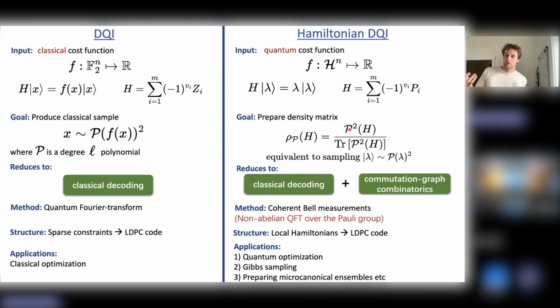You can try to approximate it with some degree L polynomial, and the higher L, the better your approximation is. And then if you put that in here, this is essentially e to the minus beta H divided by the trace of e to the minus beta H. So it's the Gibbs state, up to some approximation error coming from the fact that the polynomial is just a polynomial.